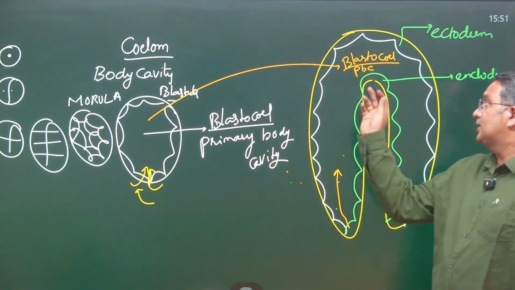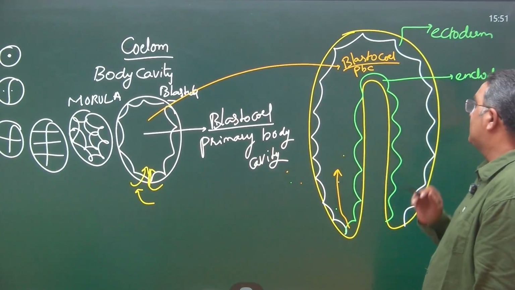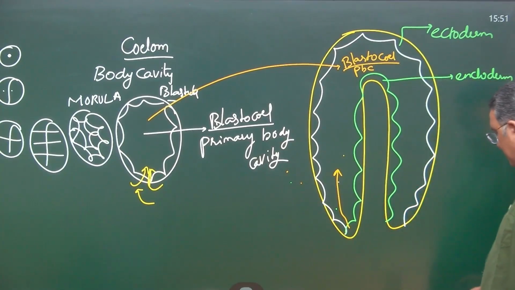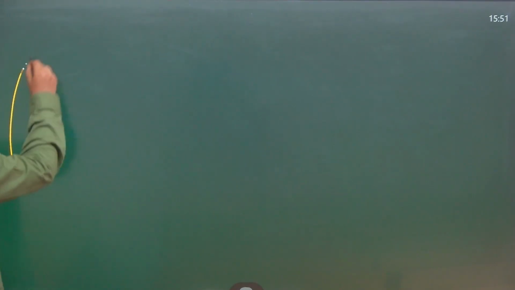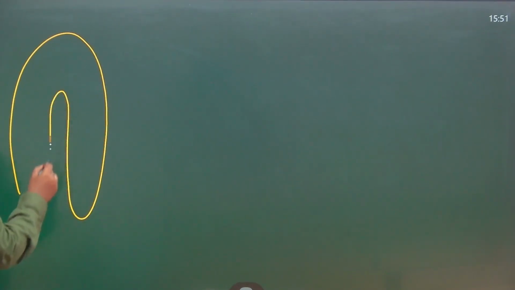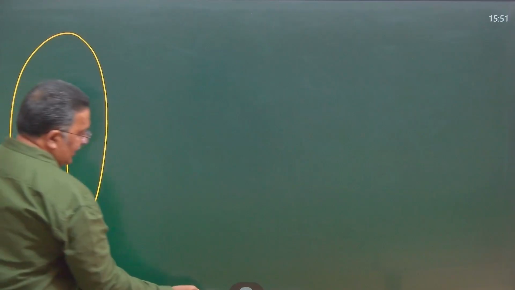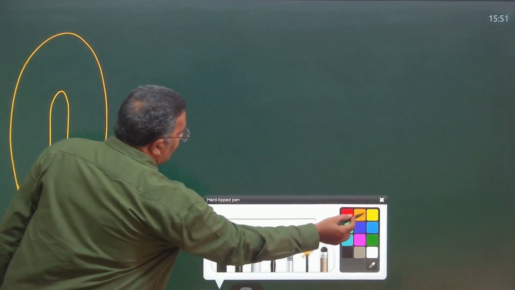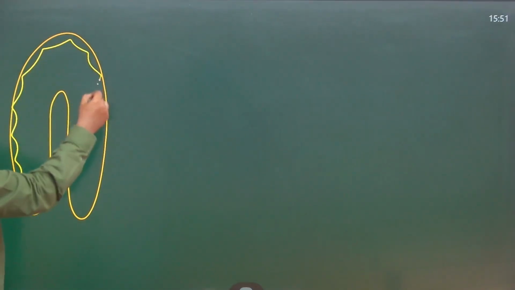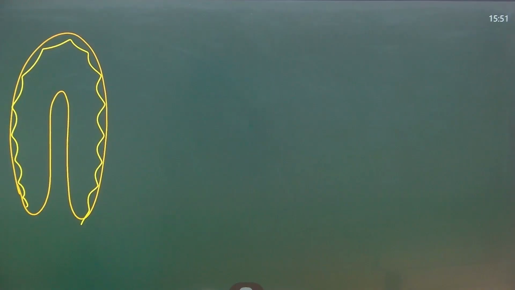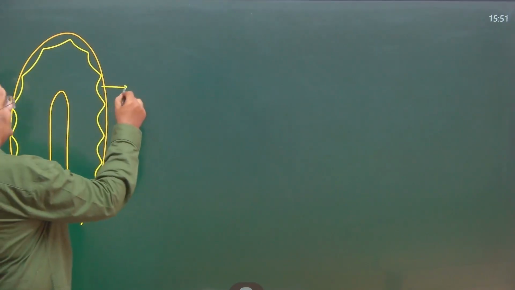These names you need to remember, and let me draw this again for you, as this is the basic stage to understand the coelom. Gastrula, how does it appear? We have seen already. In that, the outer layer of the gastrula we can call ectoderm.